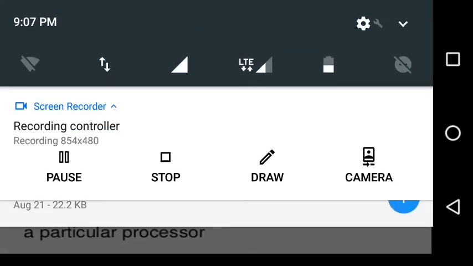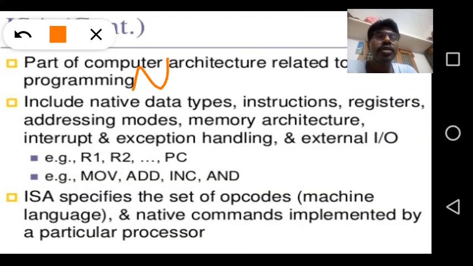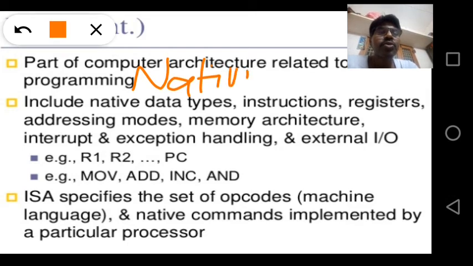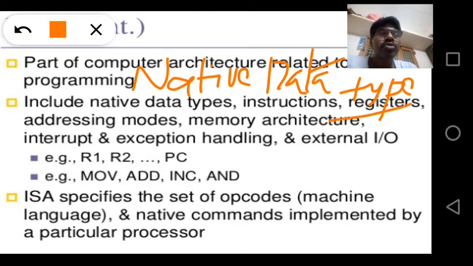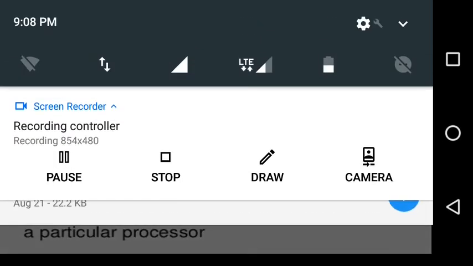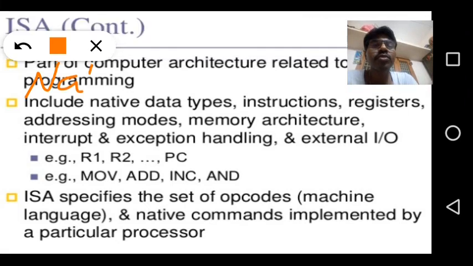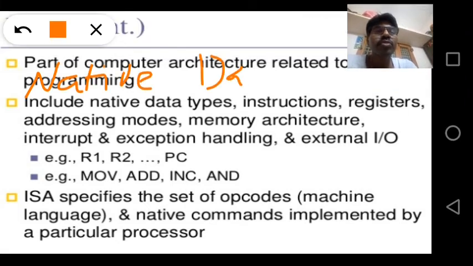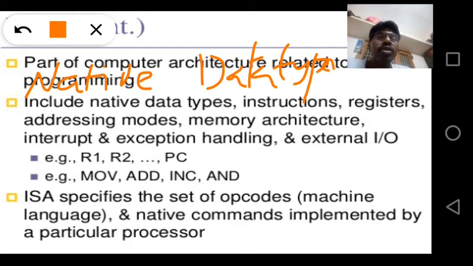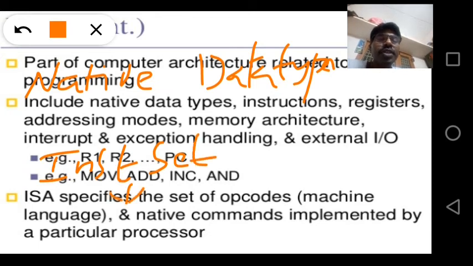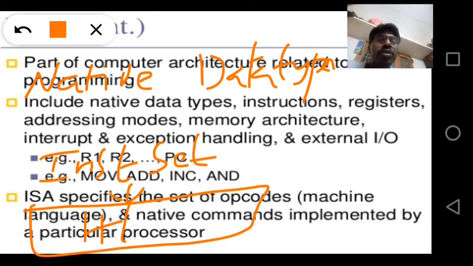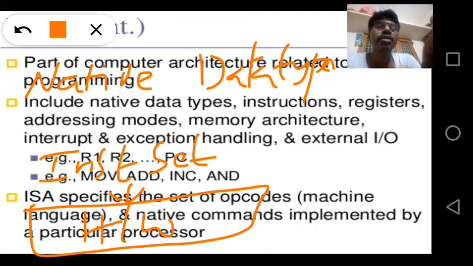We are discussing a point called what is meant by a native data type. If this is my instruction set, which interacts with hardware, let's try to understand with an example.